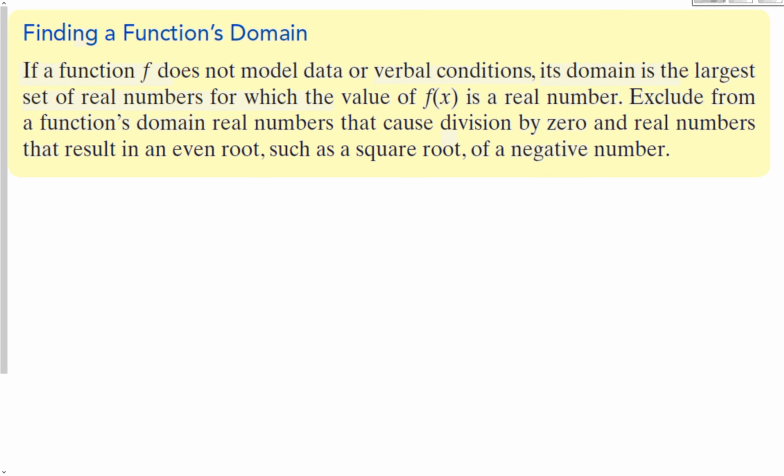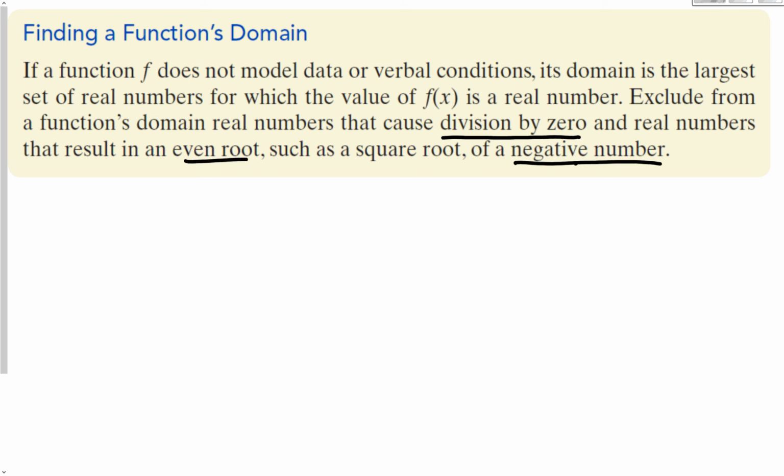So, finding a function's domain. If a function f does not model data or verbal conditions, its domain is the largest set of real numbers for which the value of f of x is a real number. Exclude from a function's domain real numbers that cause division by 0, and real numbers that result in an even root, such as a square root, of negative numbers.